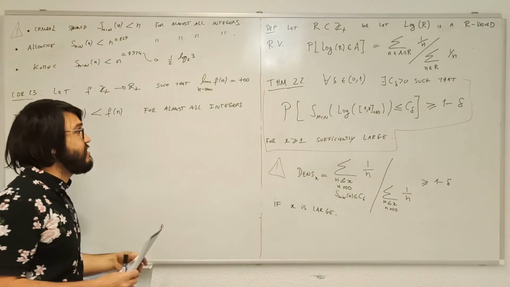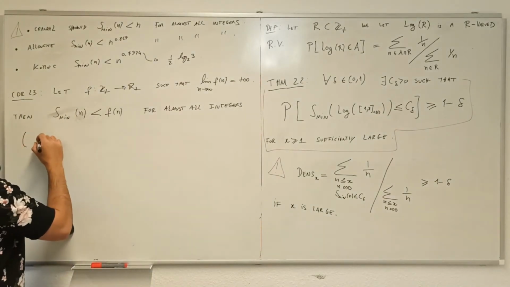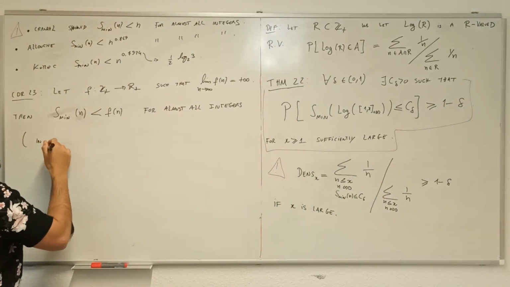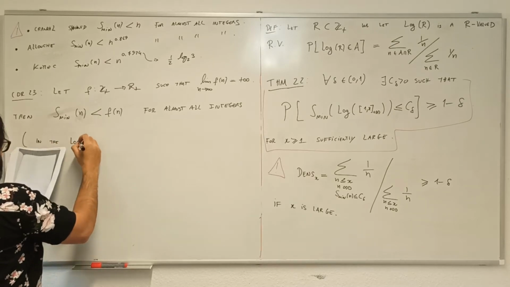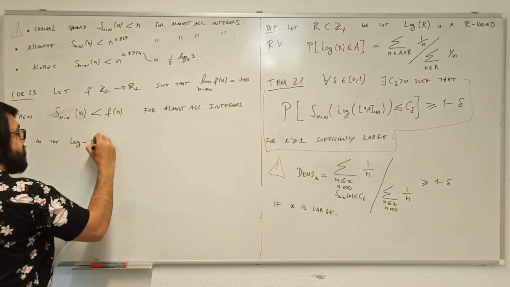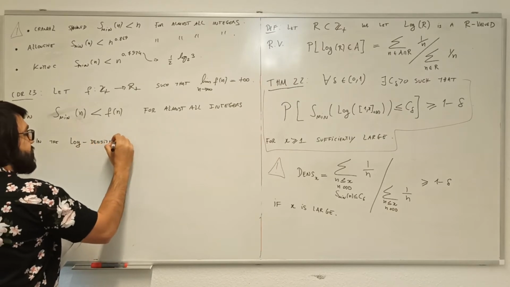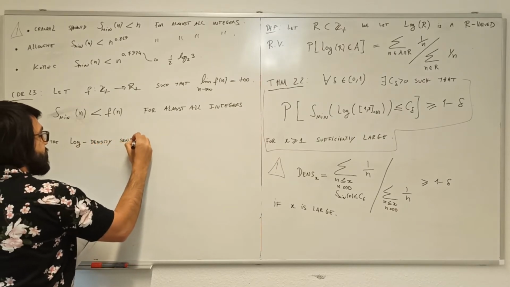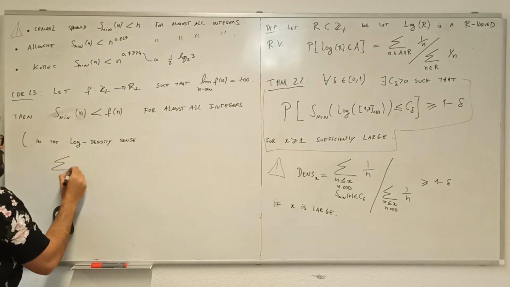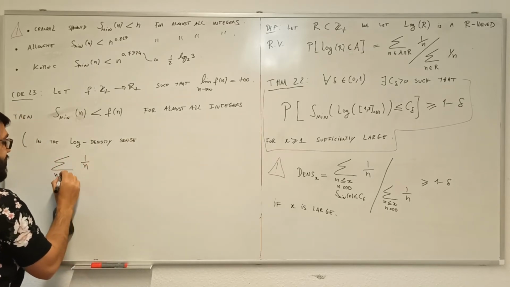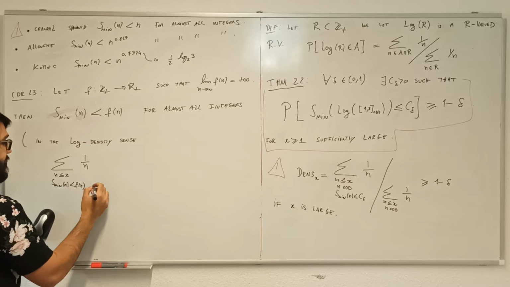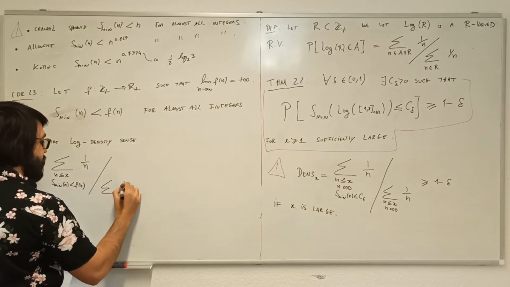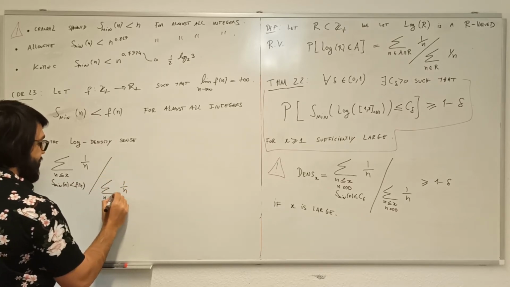The only catch here is that it is in the log density sense, which is that the sum of 1 over n, over the n less or equal than x such that S min of n is less than Fn, you divide this by just the sum of 1 over n for n less or equal than x.